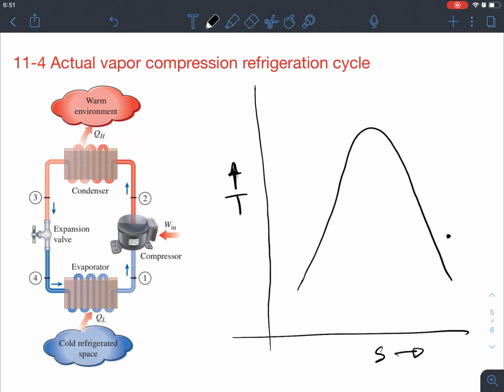The compressor, going from 1 to 2, is increasing the pressure and slightly the temperature as well.